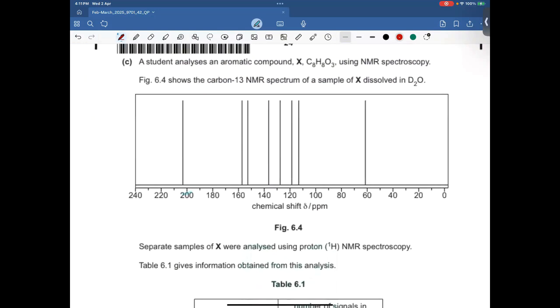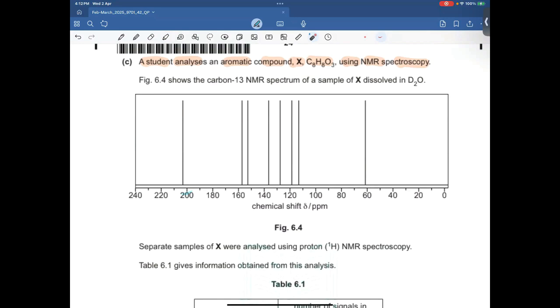My goodness. A student analyses an aromatic compound X, C8H8O3, using NMR spectroscopy. That's a very analytical part because the examiner has not given enough information to determine this structure directly.